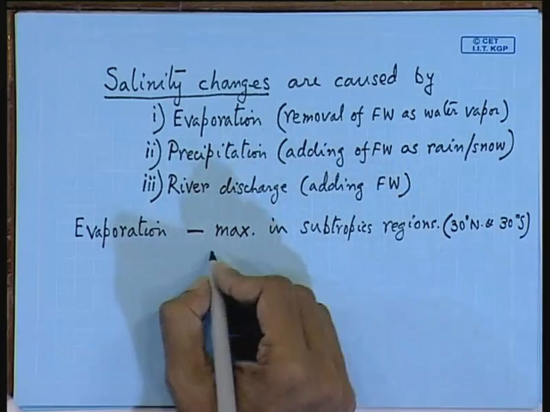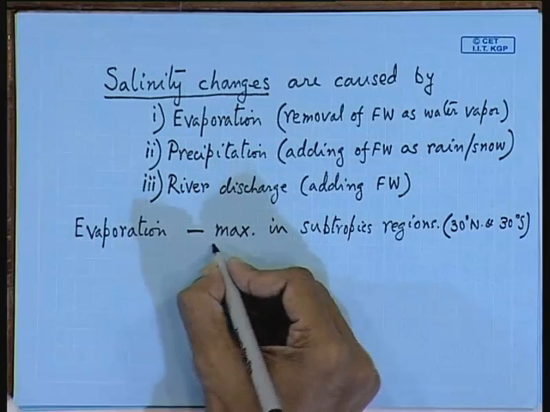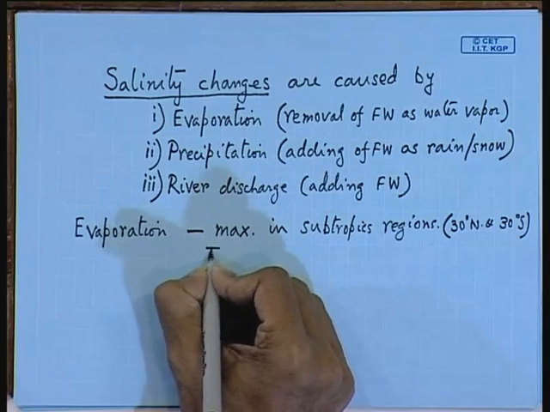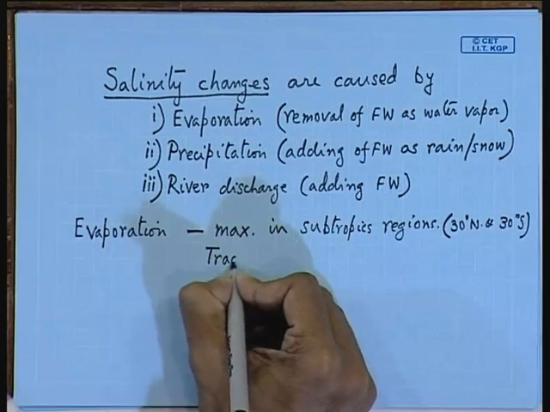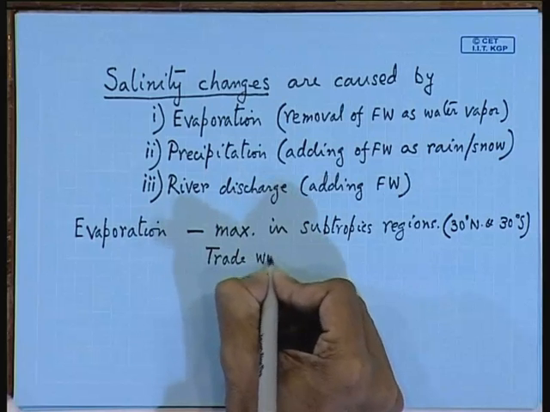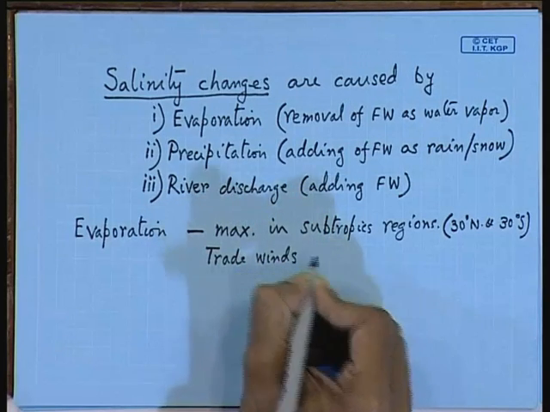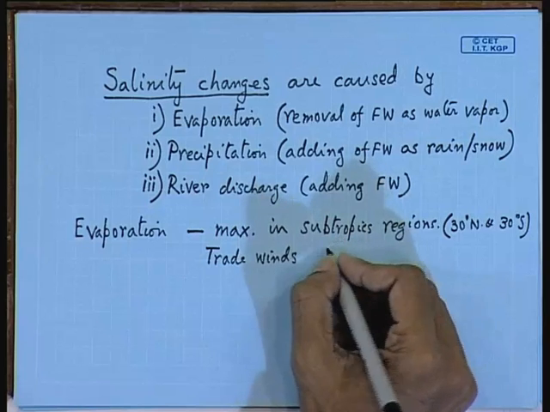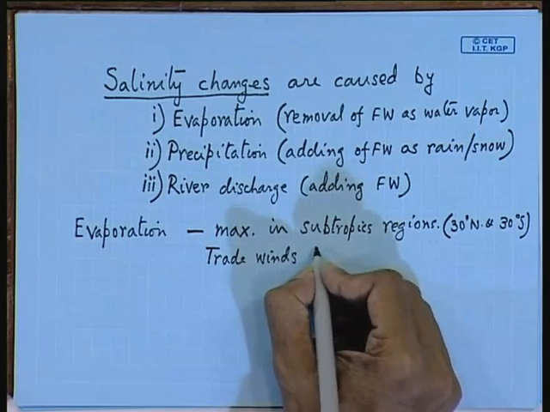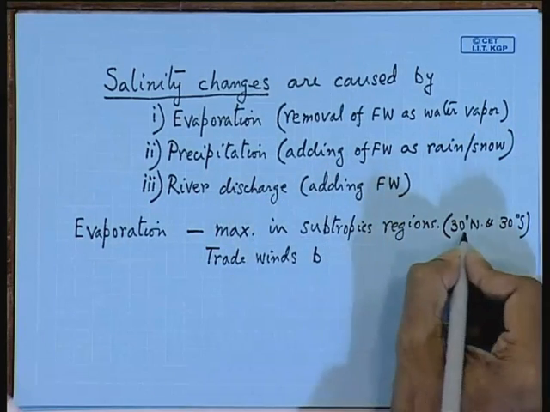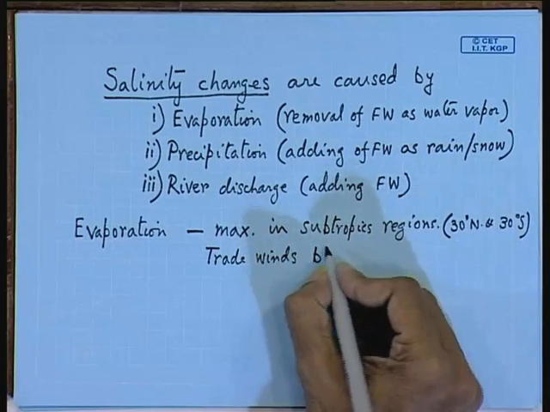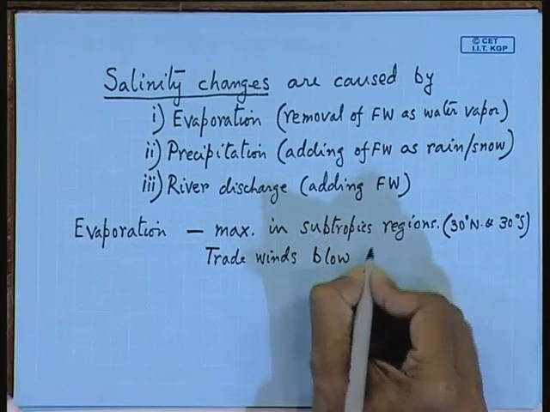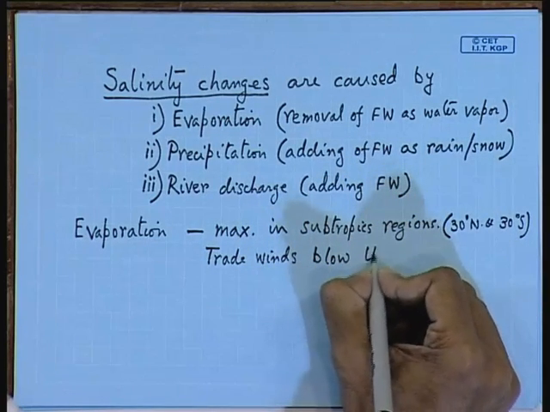Now, as a result of this, you have trade winds. So, this is happening at 30 degrees north and 30 degrees south latitudes, blowing throughout the year.